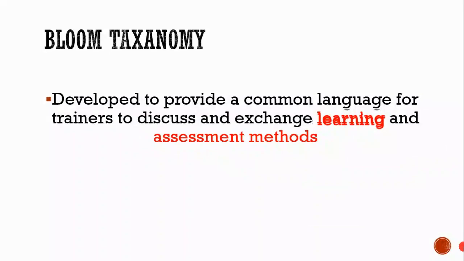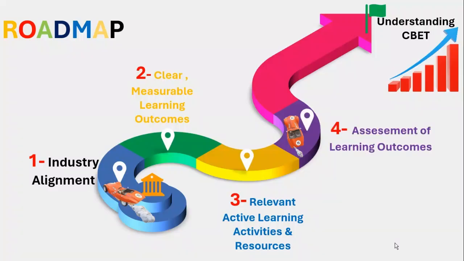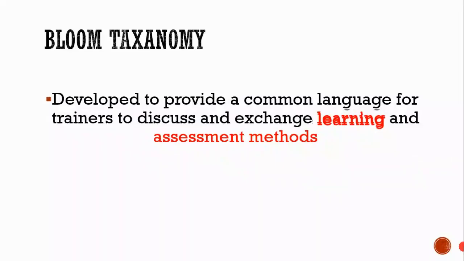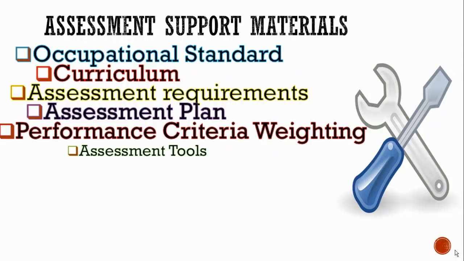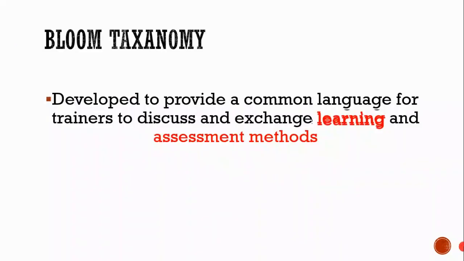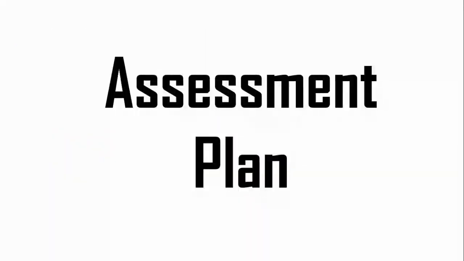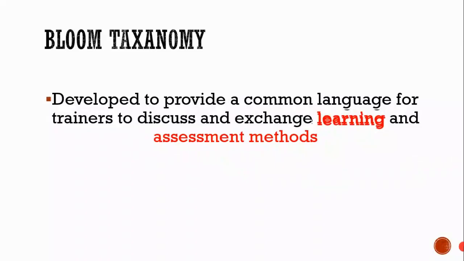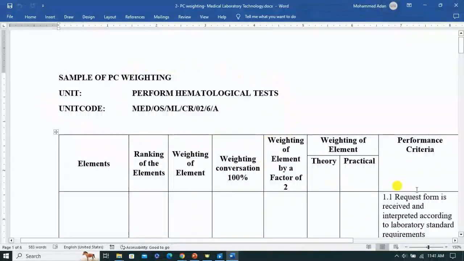So let's continue from where we left in our previous video. We are continuing to look at principle number 4 of CBET, and that is assessment of learning outcomes. You have been looking at support materials. You're still planning. You already developed some of the tools from assessment plans to performance criteria weighting, assessment requirements.